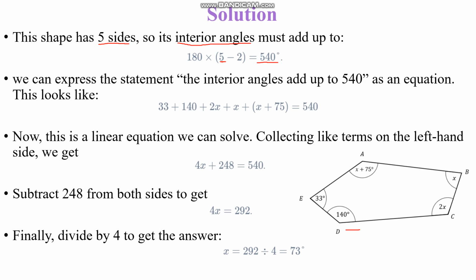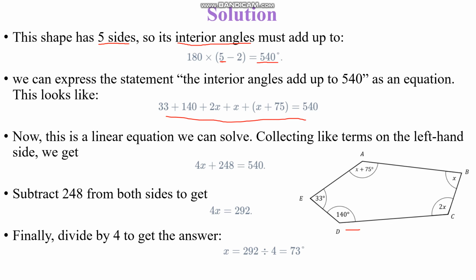So now adding up the interior angles that are shown, even though they are shown symbolically, we will get this expression. Which means that 33 plus 140 plus 2x plus x plus x plus 75 is equal to 540.